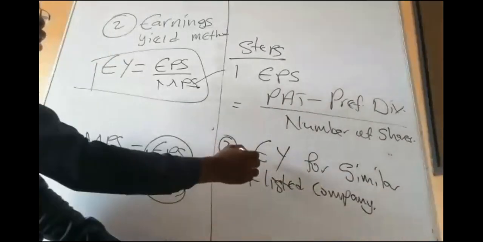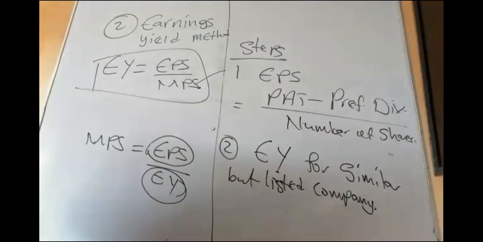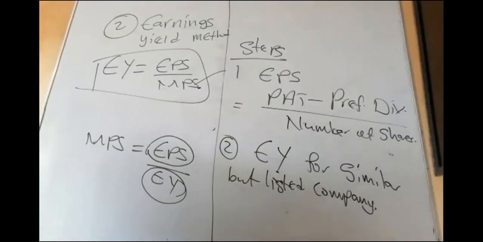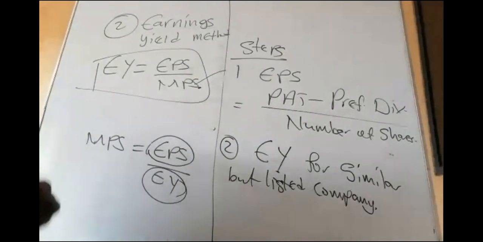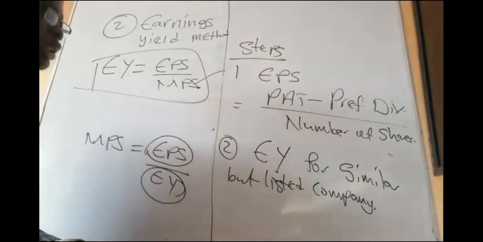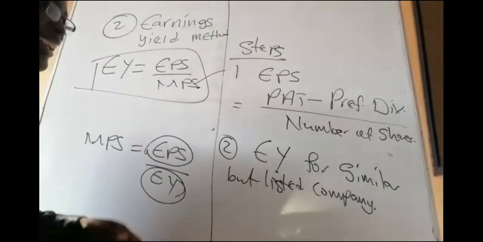Why? Because the unlisted company's market price per share will not be easily known, so we cannot get its earnings yield. So for Sweet Potato, look for a competitor in the same industry, let's say yam or cocoyam. Then calculate the earnings per share of that company divided by its market price, and you get the earnings yield.